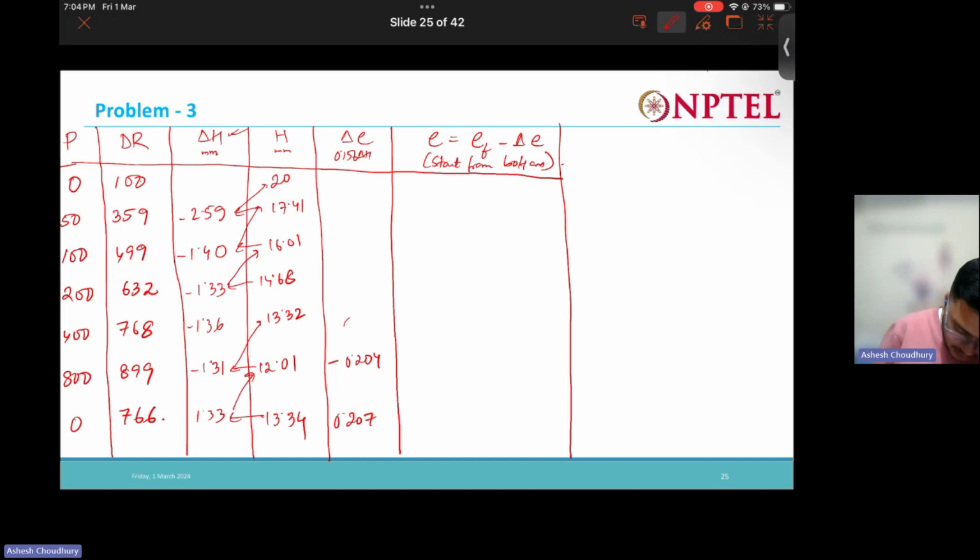Then into minus 1.36, 0.212. So this into minus 1.33, it will be minus 0.207.